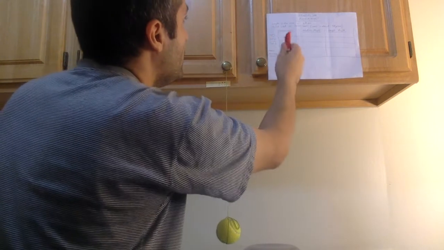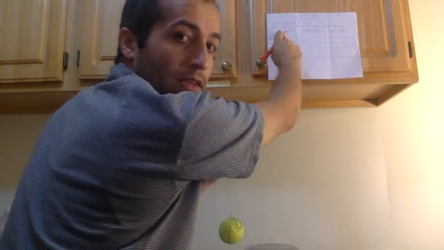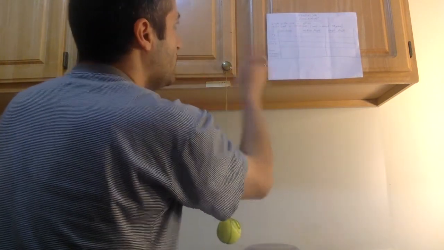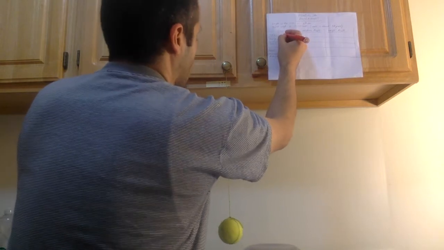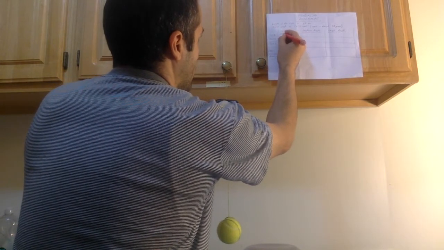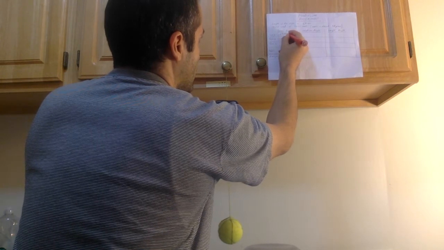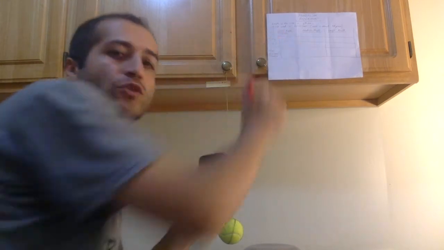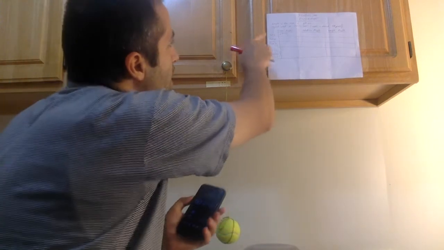I have a table here. For the small angle, which I labeled as angle 1, my result is 27.50 seconds for 20 cycles. But I need to divide this by 20 to find the period of the oscillation, the time it takes for one cycle.